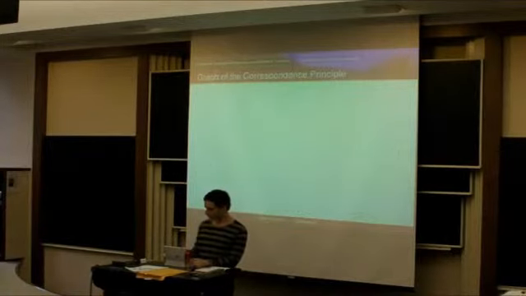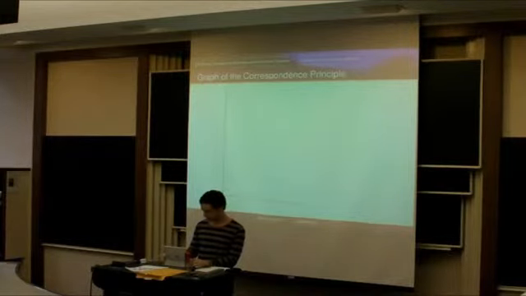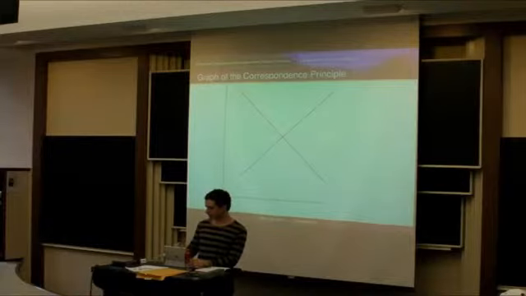Okay, so let me just draw you a graph of this. The typical picture that we have is that demand, which I'll draw in red, slopes downward, and supply, which I'll draw in blue, slopes upward. And let me do this slightly differently than usual.